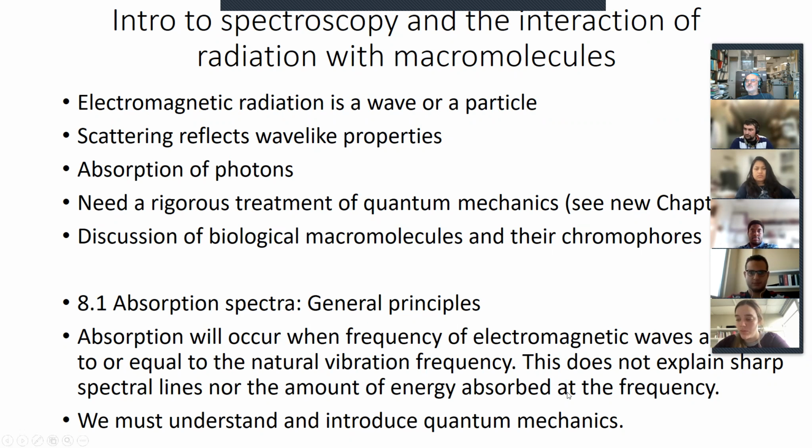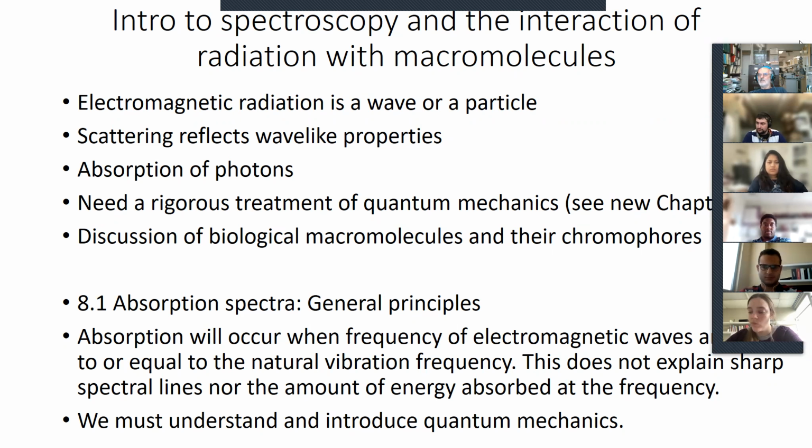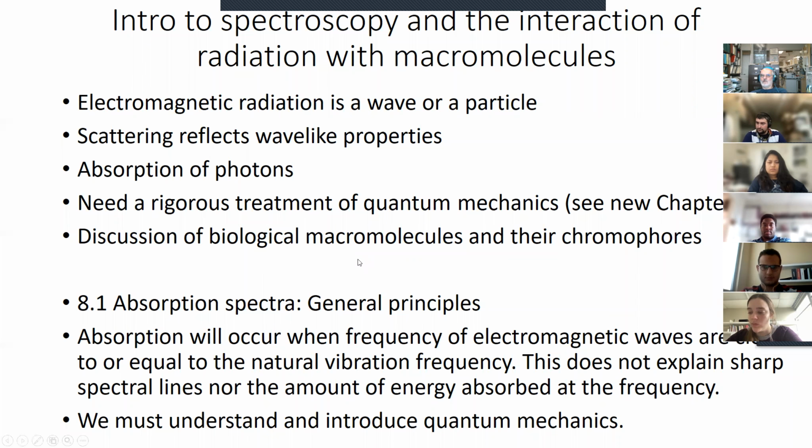Now, to really understand this and to go back to where this came from in the last 100 years, you basically have to talk about this in terms of quantum mechanics, okay? So we'll do a little bit of that at the beginning, but that's really what you need to think about in terms of absorption and why light interacts with particles the way that it does.